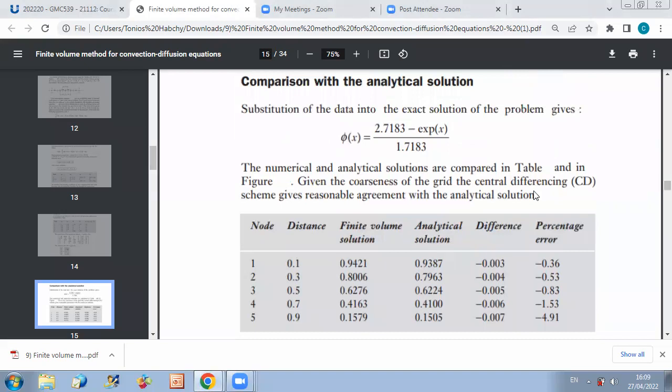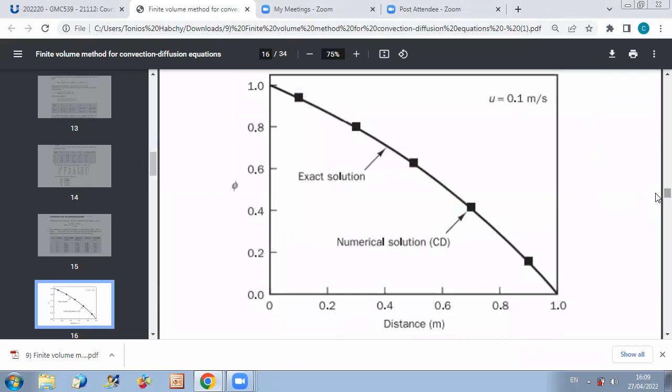In this case, we use the central difference scheme. The central differencing scheme worked well for relatively small velocity. Now, in case 2, they asked us to increase the velocity. And here, you have u relatively small. And to assess the effect of convection relative to conduction, we can calculate the Peclet number.